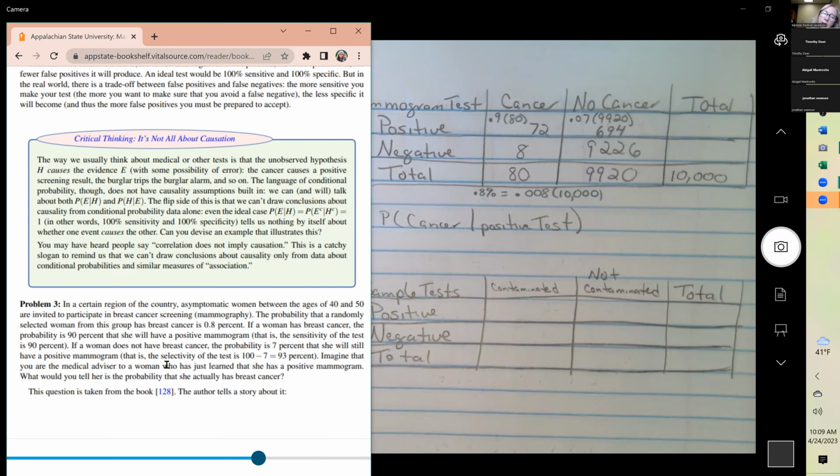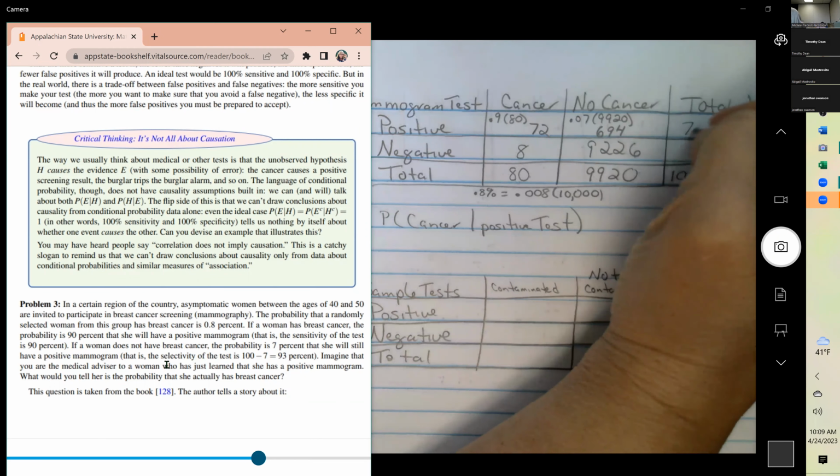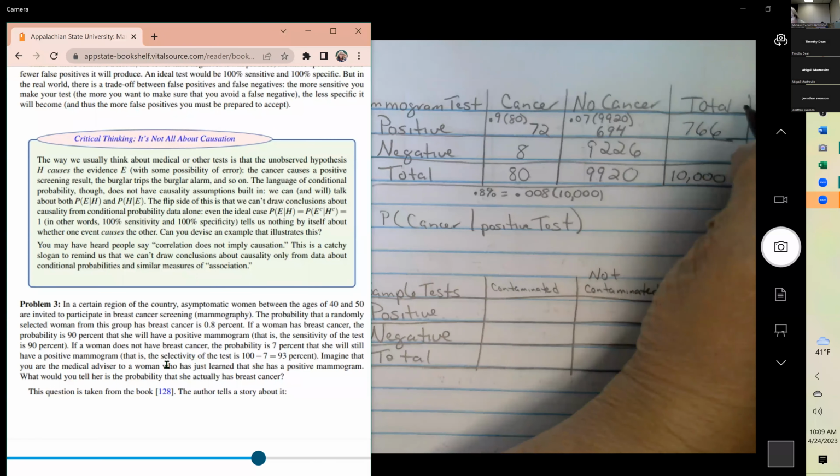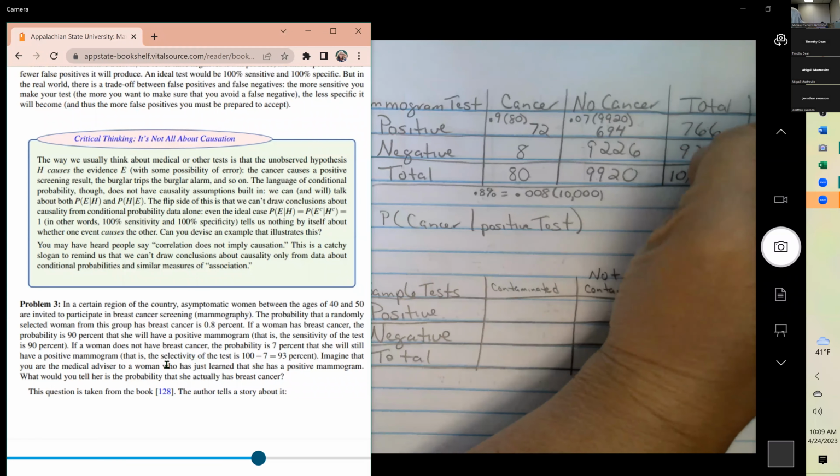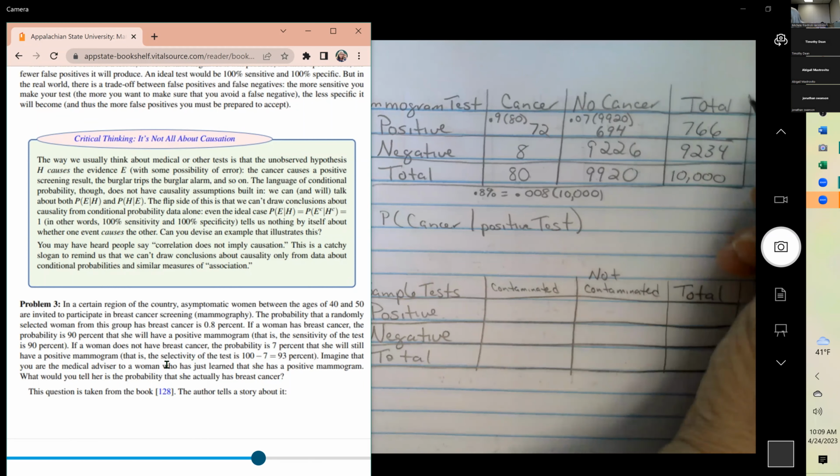Any questions? To get the totals, add across. And then add down to double check your answers.